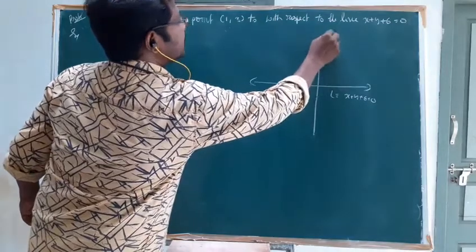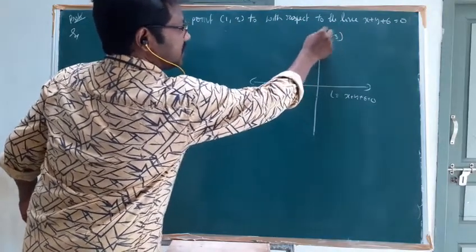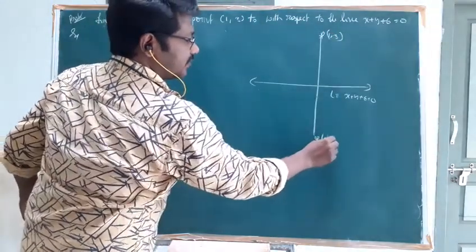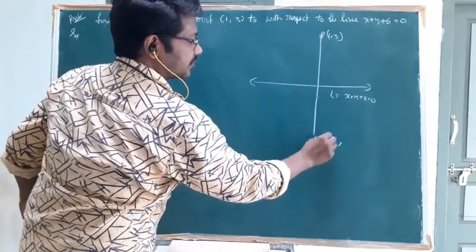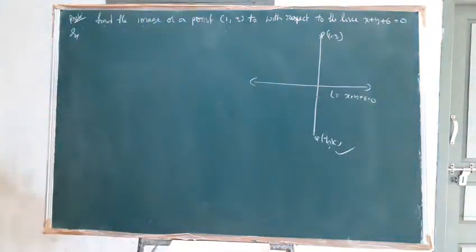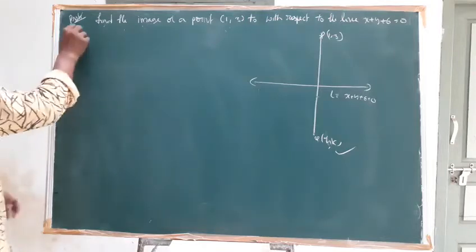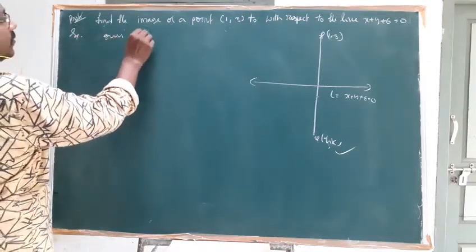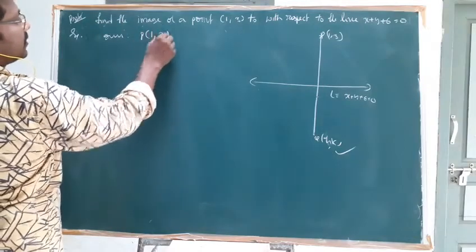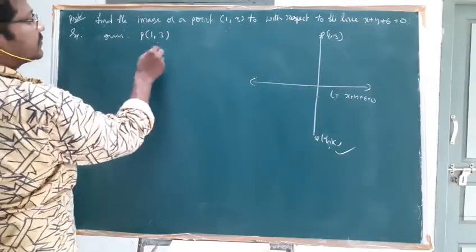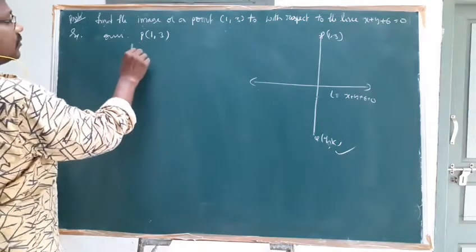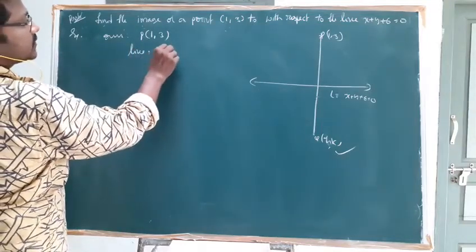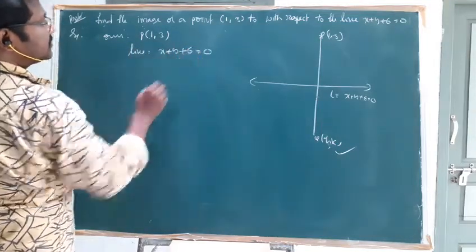With respect to this line, we have to find the image point h comma k. What is given first? Given point (1, 3), line x plus y plus 6 is equal to 0.